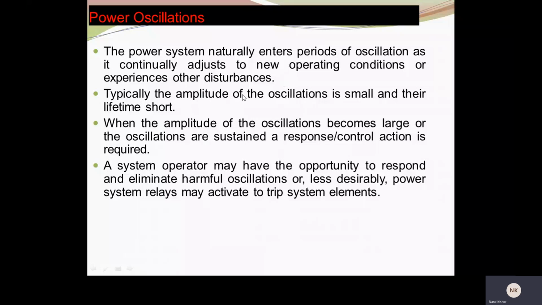The amplitude of these oscillations can be of a smaller magnitude, and they can be of a smaller duration as well.